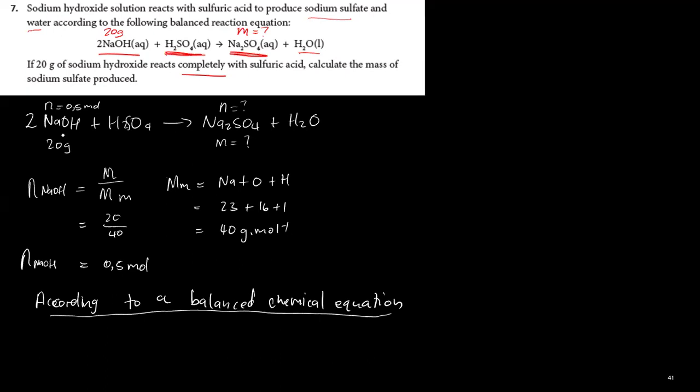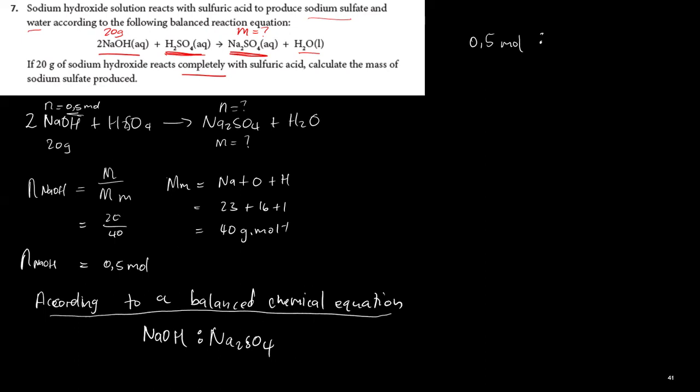For sodium hydroxide, which is what we are using, we say sodium hydroxide is to sodium sulfate, because that's what we are looking for. The number of moles of sodium hydroxide we just calculated to be 0.5. So on this side we have 0.5 moles, is to the number of moles of sodium sulfate.